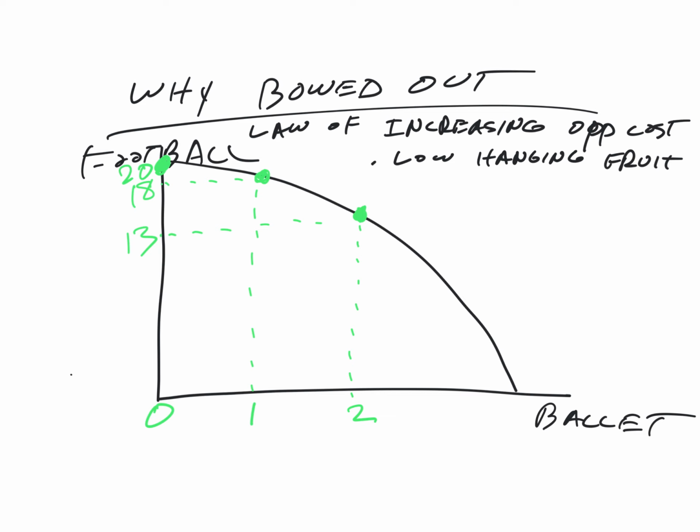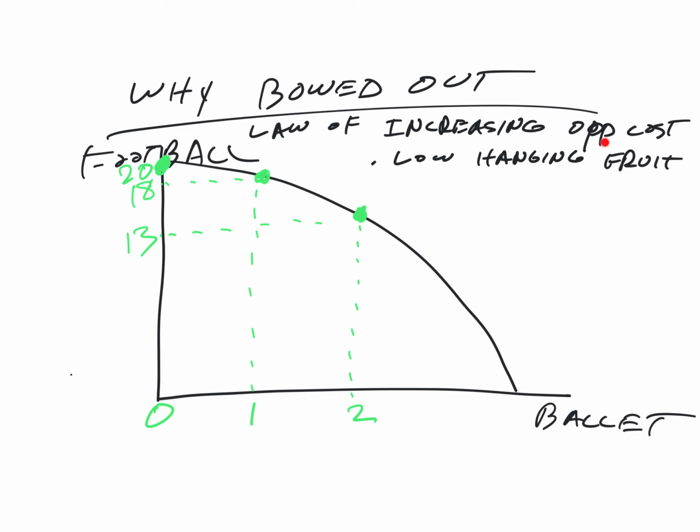But here's the thing. So get out your fingers. That's 5. Okay. Now notice the first ballet cost 2 units of football. The second ballet costs 5 units of football.